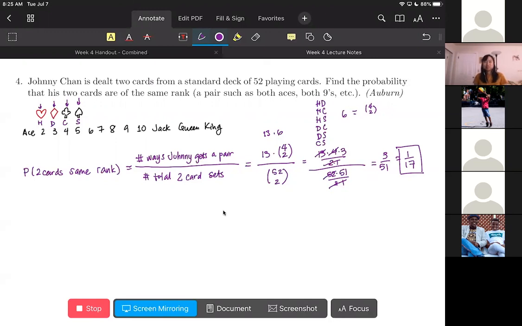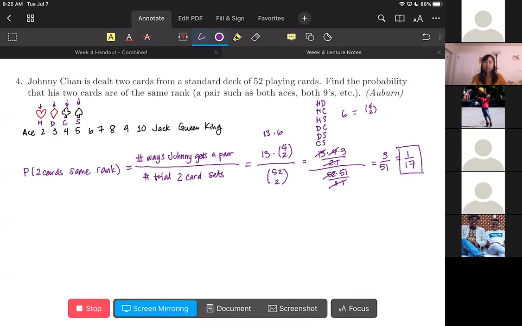We can transform this problem. Here it's saying Johnny is dealt 2 cards from the standard deck of 52 playing cards. When we count the total number of ways, we are counting how many ways Johnny gets a pair over how many total pairs there are.